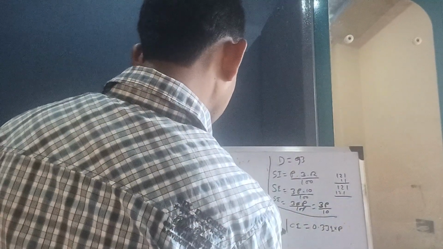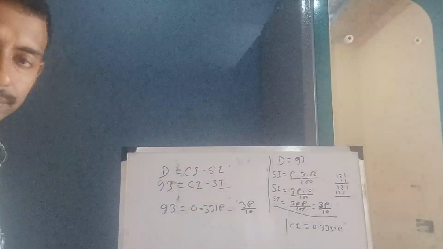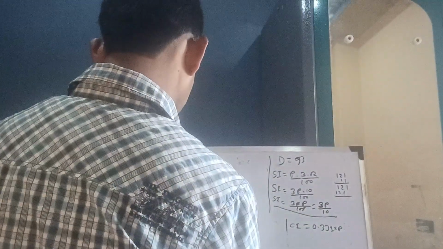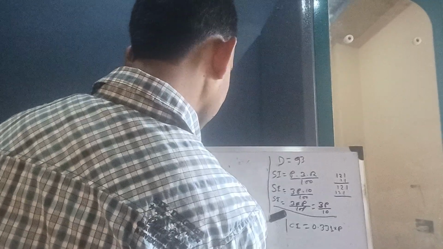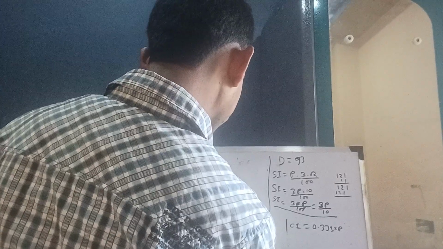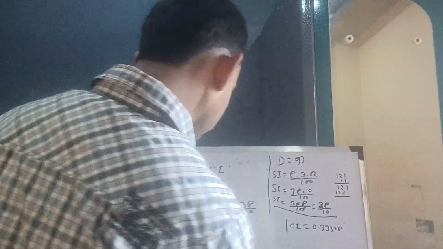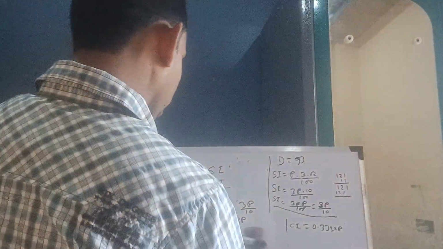SI means 3P by 10, which means 0.3 into P. So take P common. 93 equals, taking P as common, (0.331 minus 0.3) P.